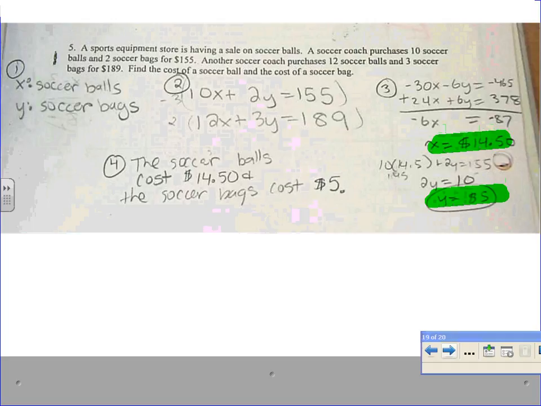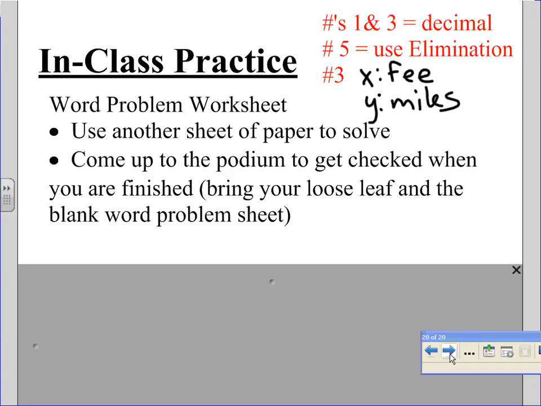Okay. I need everyone to get a piece of paper or a notebook, and I'll explain this in a minute. There is some yellow paper in the back if you need it.